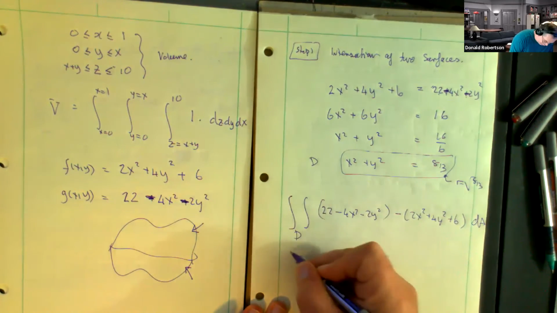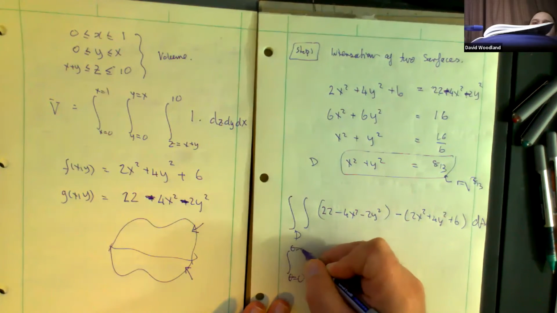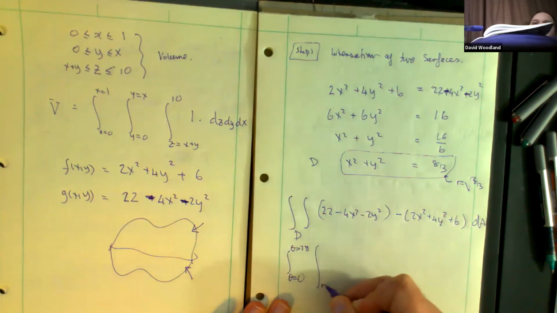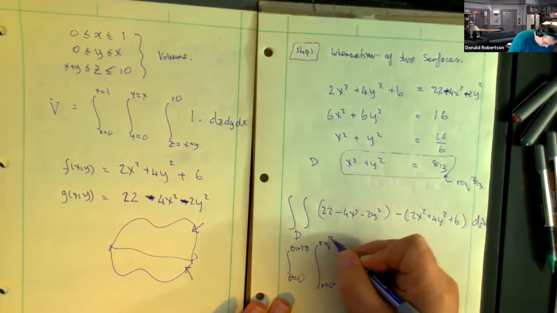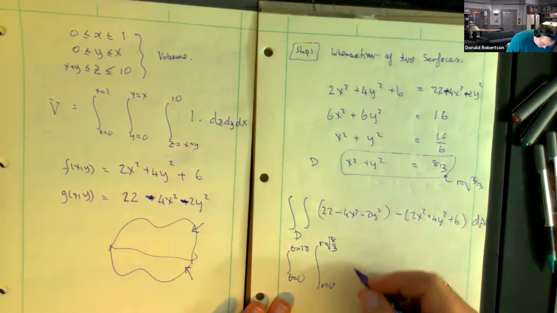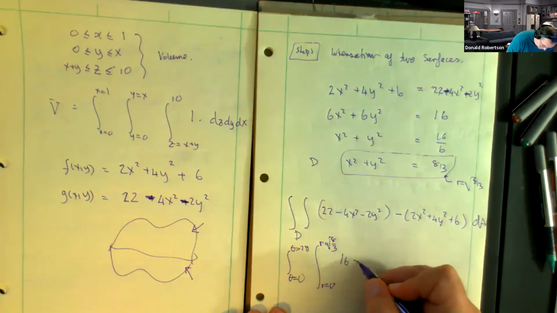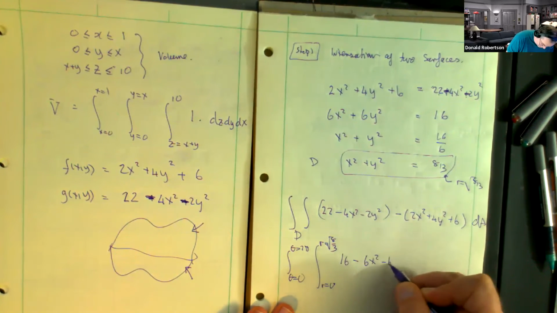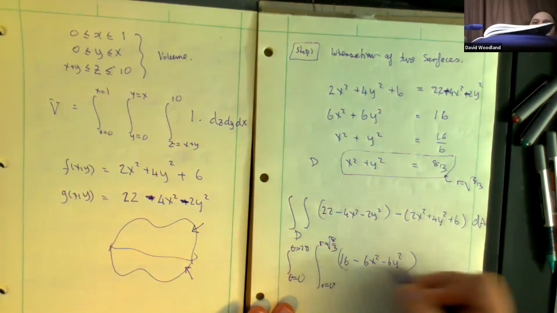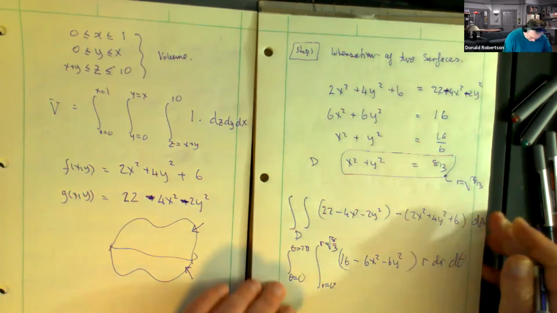Since this is a circle, would you agree it would be a good idea to do polar on it? Okay, we'll just live with that ugly r value. And this, take away this, what on earth does that get me? It gets me 16 take away 6x squared, take away 6y squared, dr d theta, because we're going polar.